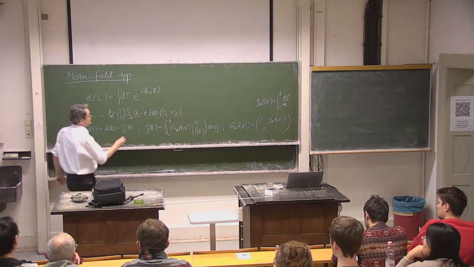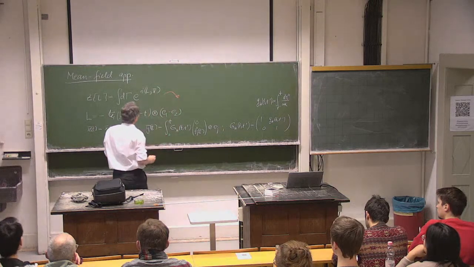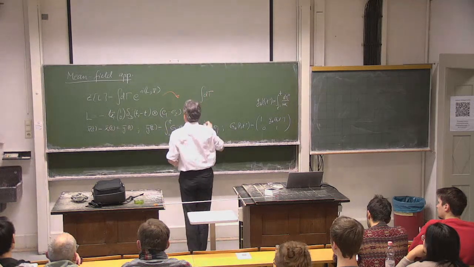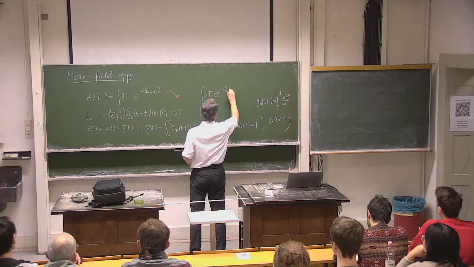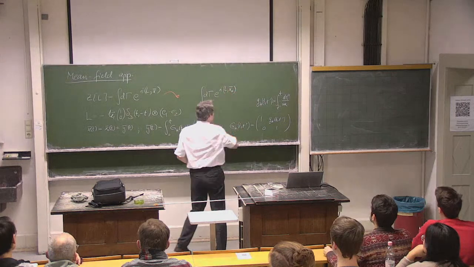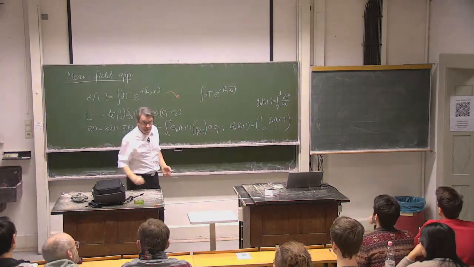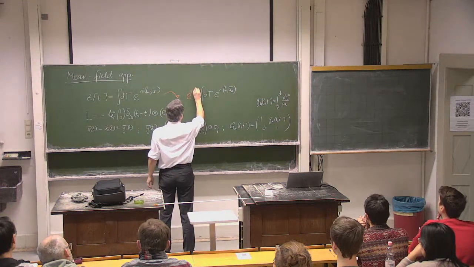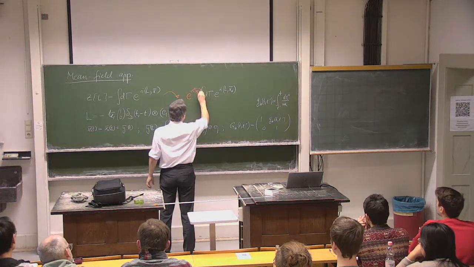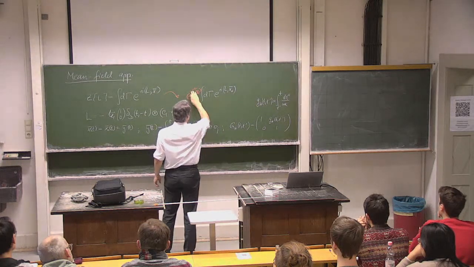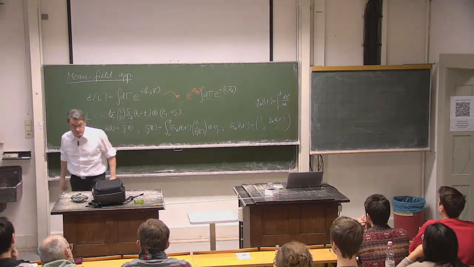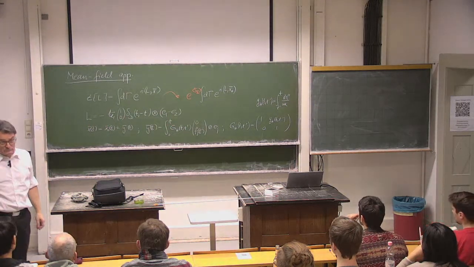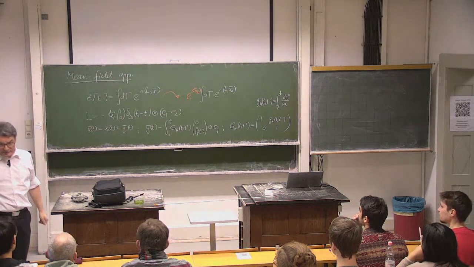Then I can write the free part only with something in front here, which would be a suitably averaged interaction term and not an operator.